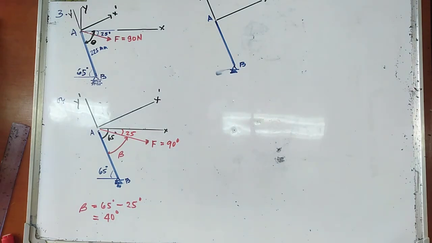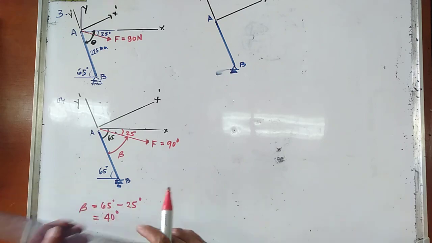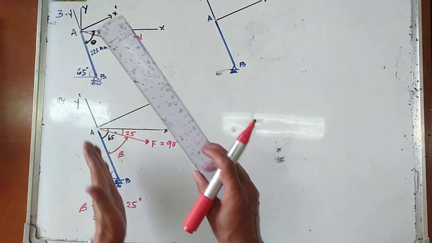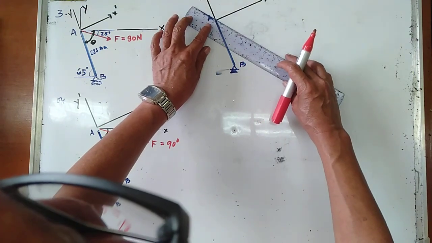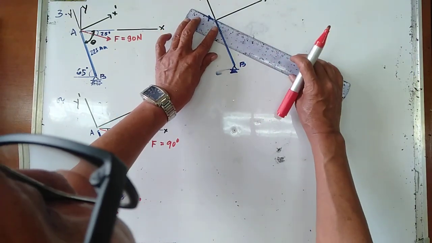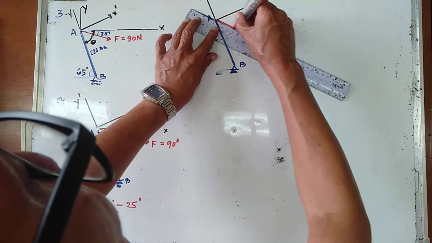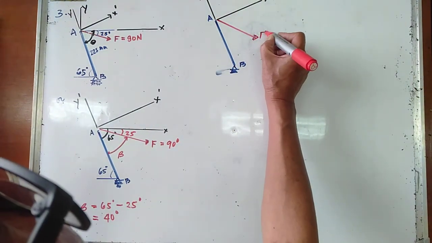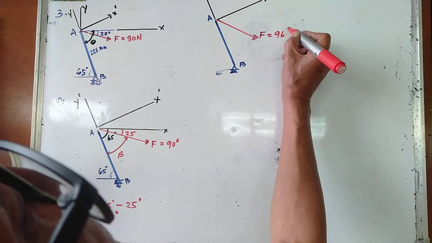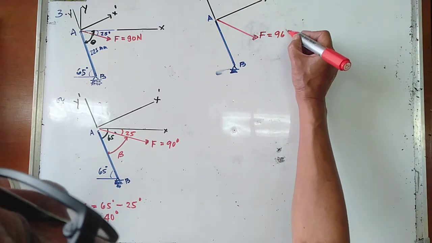Now, the first force F is making an angle beta with the y prime, and that is equal to 40 degrees. This is your F, which is equal to, I'm sorry, 90 newtons.